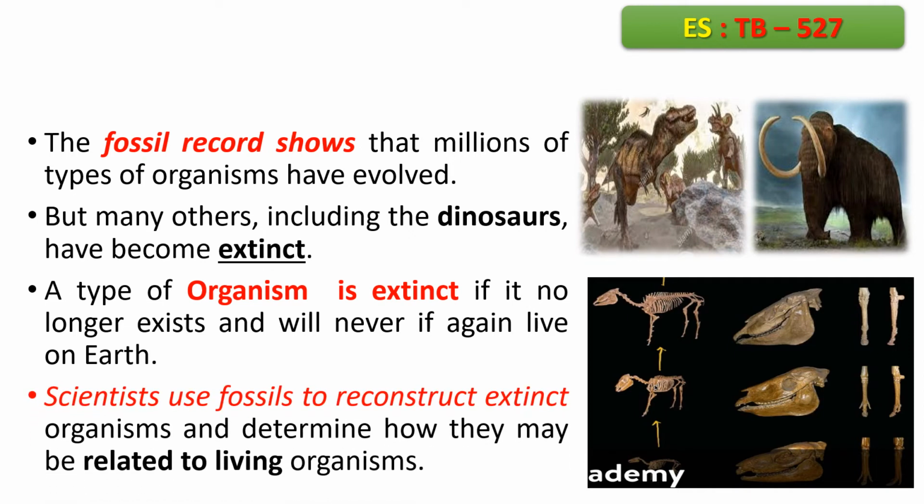A type of organism is extinct if it no longer exists and will never again live on Earth. Scientists use fossils to reconstruct extinct organisms and determine how they may be related to living organisms.